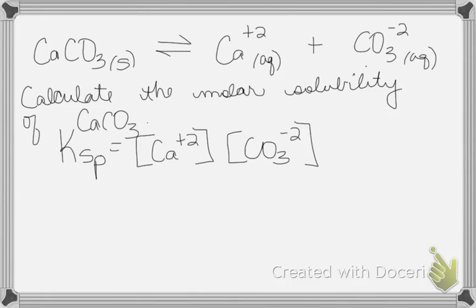Can you jump from that, Ksp is equal to calcium times the carbonate, straight to this? Ksp is equal to X squared. You can go straight to that. So when I say calculate the molar solubility, all I have to do is look up the Ksp of calcium carbonate, which is 8.7 times 10 to the minus 9.